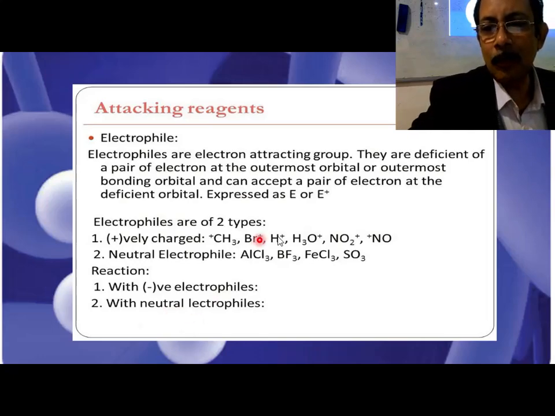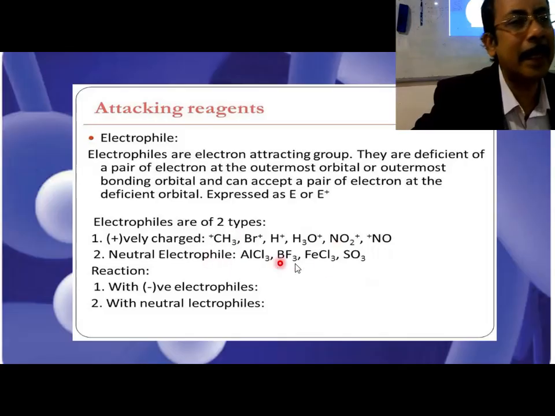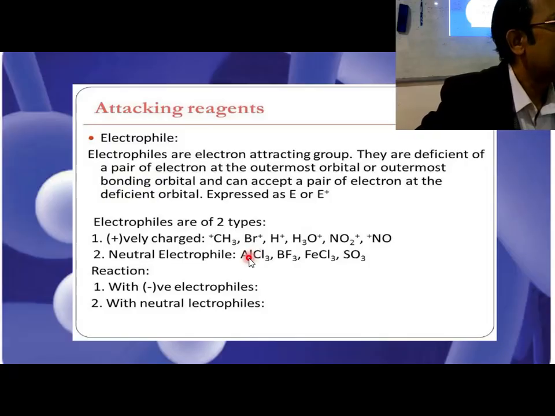Now neutral electrophiles are there. These are sometimes acting as carrier, like AlCl3, acting as a catalyst in Friedel-Crafts alkylation or acylation. These are electron-deficient species, and they are called Lewis acids.